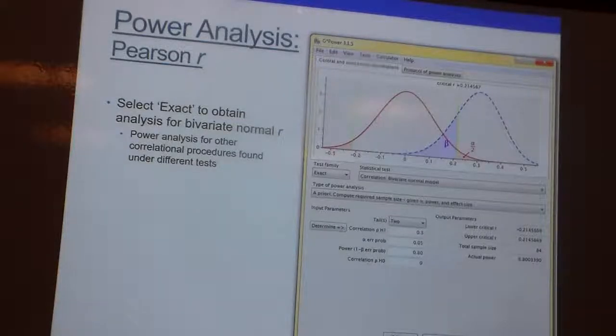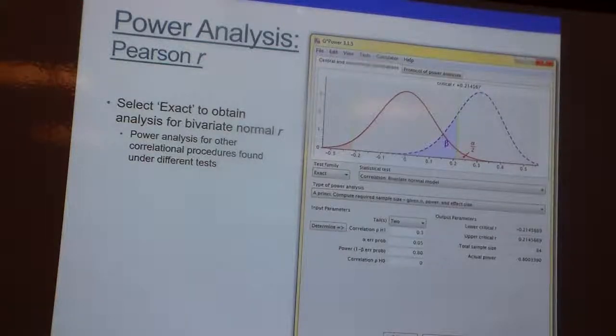We're going to determine a correlation that we're interested in testing. So in this case, we want to see how many people we should have in our sample to reliably identify statistical significance if the population value is 0.3. So you're saying, I'm planning a study, I'm expecting X and Y to demonstrate a correlation of 0.3.